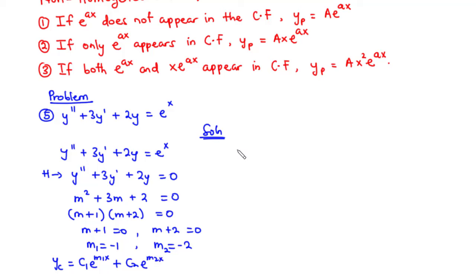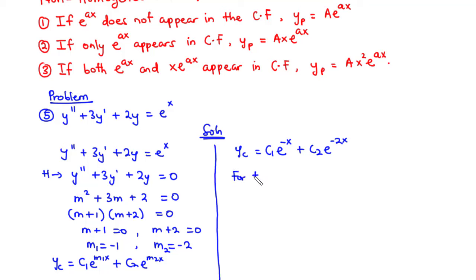That is giving us yc equals c1 e to the power negative x plus c2 e to the power negative 2x. So this is the complementary function. Next, let's try to find the particular integral.